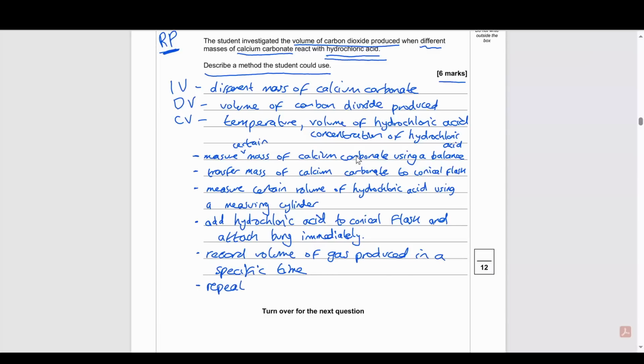Okay, what do we do after we do that? Obviously, once we recorded it, we then can repeat the investigation. Now remember, working scientifically, if we're not happy or not sure about the result that we've just gotten, we could repeat it at that same mass, and then again, essentially, we could get a mean if we do it twice.